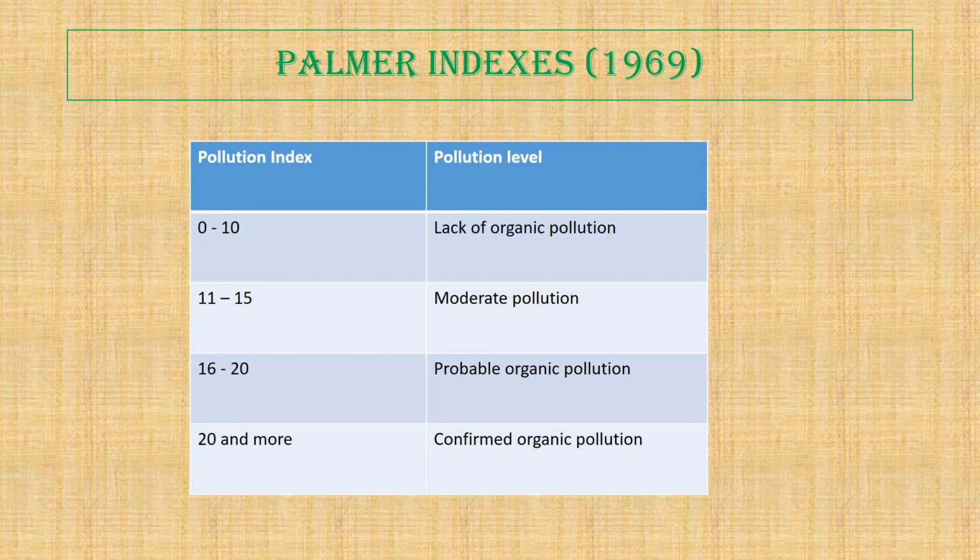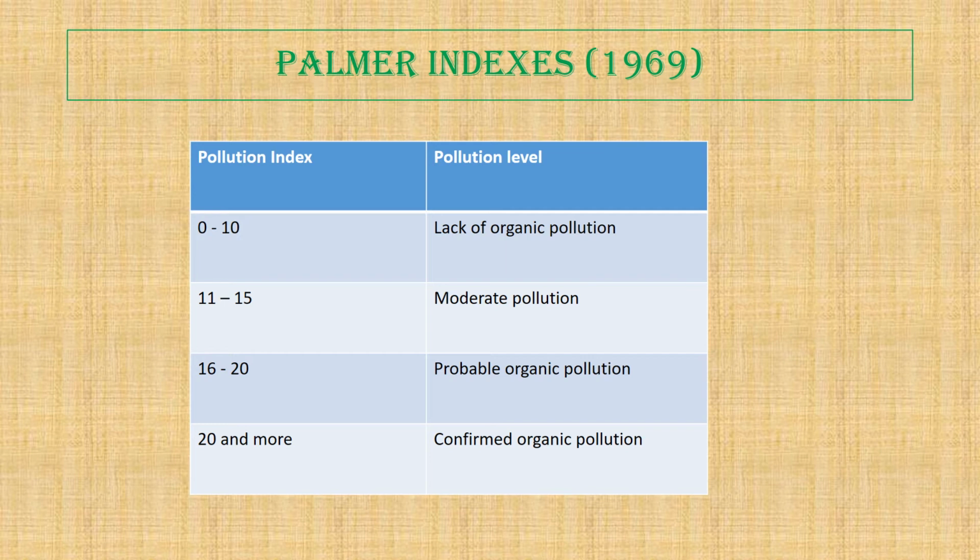Say for example, chlorella has an index number of 1, and we have all other species which have either 1, 2 or 3 type of index number.